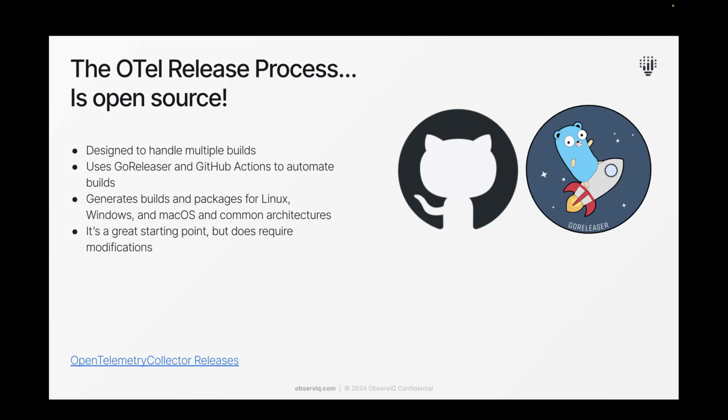And it handles packages for Linux, Windows, macOS, and a lot of common architectures that can also be expanded pretty easily. As long as it's an architecture that Go can compile to, you're likely to be able to support it. And it's a really good starting point. It gets you maybe 80% of the way there. It does require some modifications, and we'll talk a little bit about those.